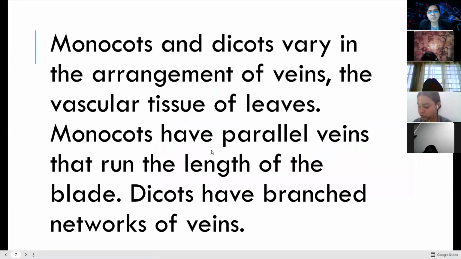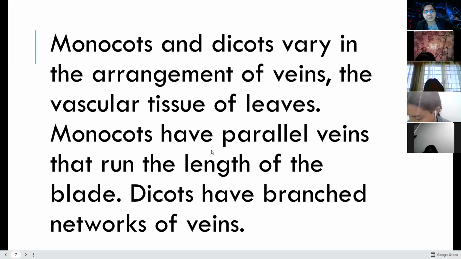Monocots and dicots vary in the arrangements of veins in the vascular tissue of leaves. You'll be amazed by this. Take note that monocots have parallel veins that run along the length of the blade, while dicotyledons have branched networks of veins.